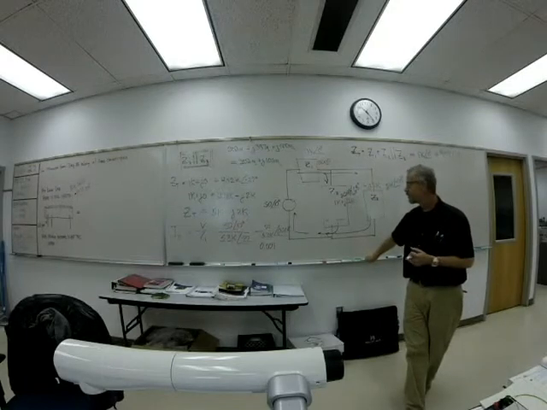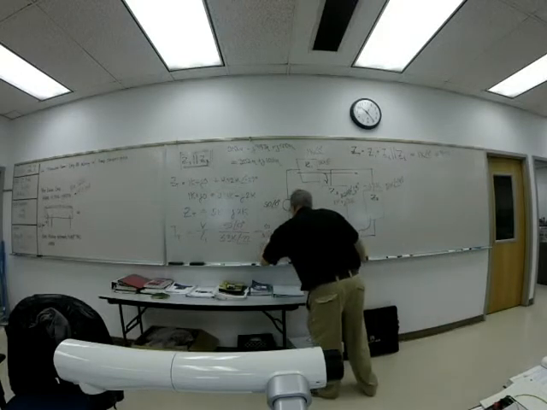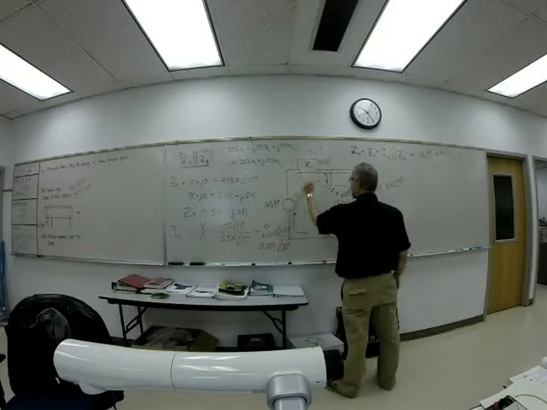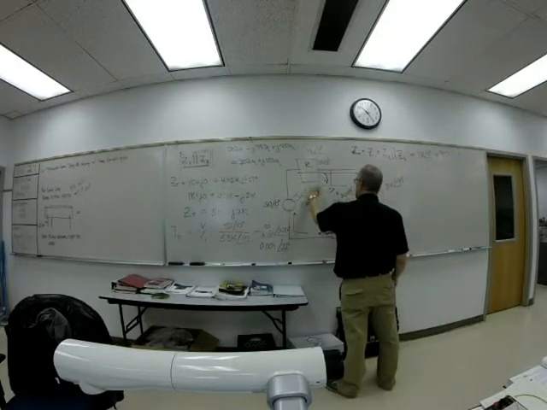Because it was 50 over 5,000, it would be 0.01 at an angle of 22 degrees. So our total current is equal to 10 milliamps at an angle of 22 degrees.